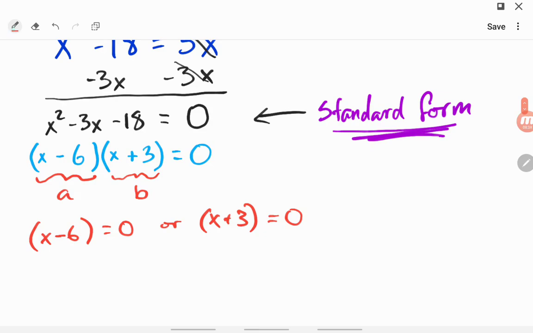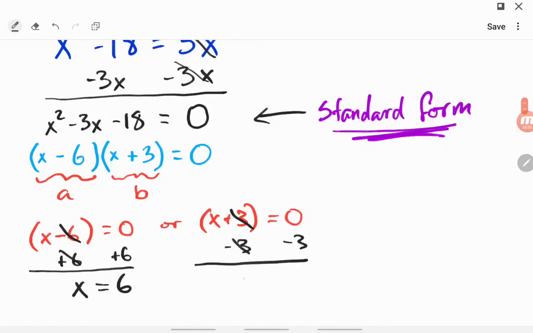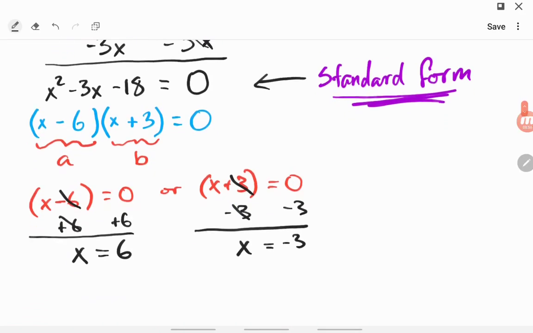we can now solve for our two possible values of x, right? So over here, I can add 6 to both sides of my equation. They cancel here, and I'm left with x equals 6. Over here, I can subtract 3 from both sides of my equation, and I get x equals negative 3.